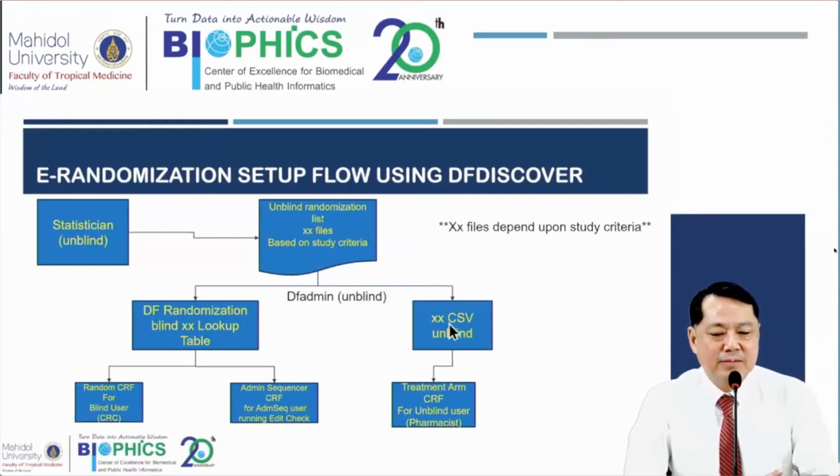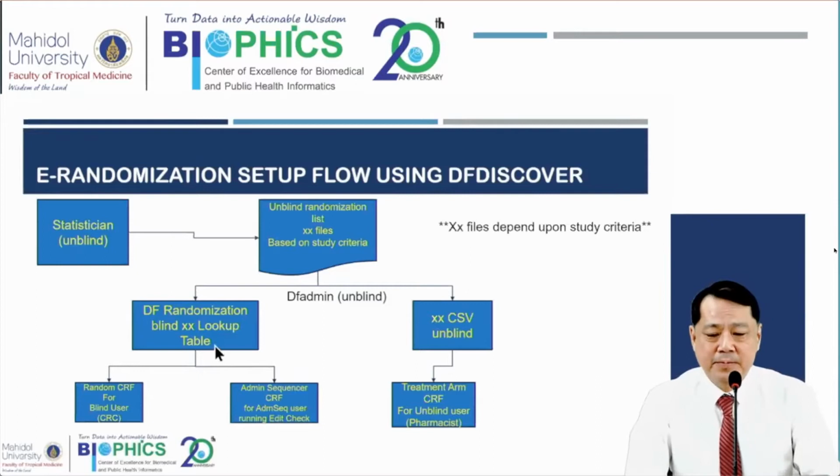And another set will be prepared for the CSV unblind, which will be put in a secure place on the DFdiscover server, which only DFadmin knows, and will set permission. Only DFadmin can access this particular file. No one is ever able to write or read this file.